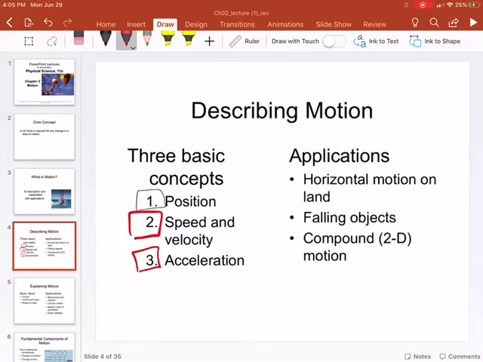And then some applications of those 3 main concepts are sort of this horizontal motion, and we'll also talk a little bit about vertical motion, which kind of gets into this falling objects category, because if you think about it, if you drop something, which way does it fall? Well, it falls vertically, right? It falls down. And then there's compound motion.